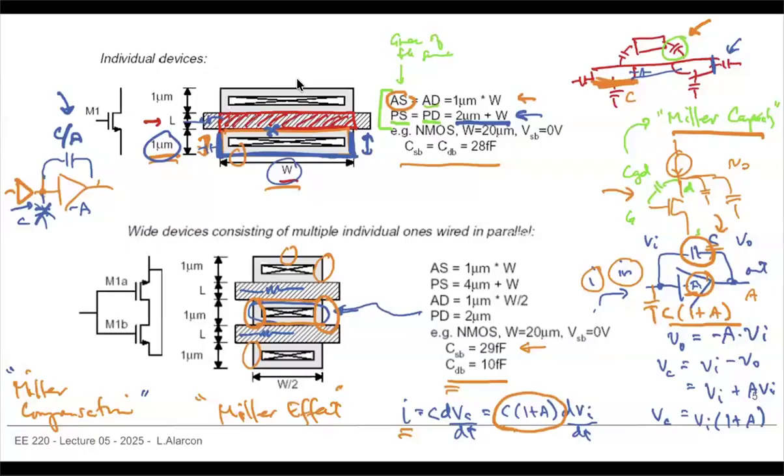Okay, so how do we now measure the effect of these capacitances in the performance of our transistors?